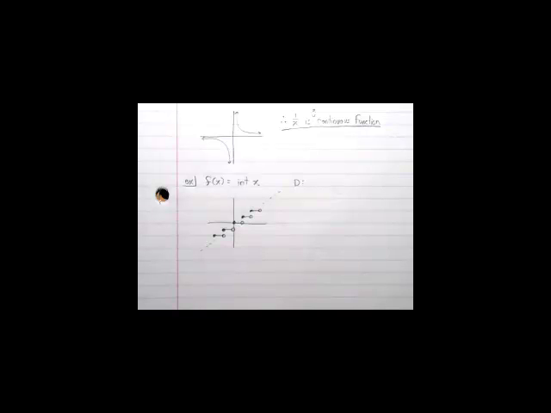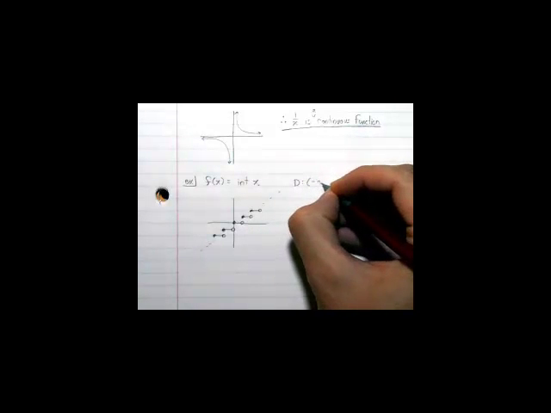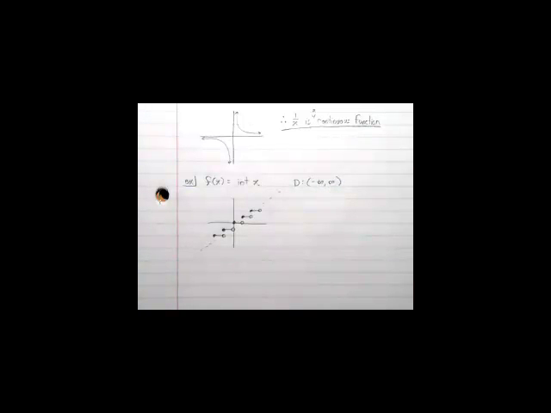So, for this one then, same question. Is it continuous at every point on the domain? No, right? The domain is everything, but there are points of discontinuity at every integer as you go along on this thing. Okay?